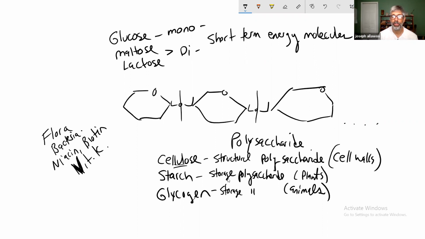What happens to your blood sugar level? It skyrockets, right? You have all this simple sugar gets absorbed straight into your blood. The liver filters it out, sticks it together, almost like Legos or Lincoln Logs or something, sticks them all together and makes glycogen where it's stored.